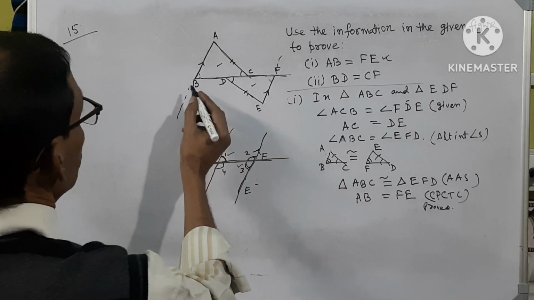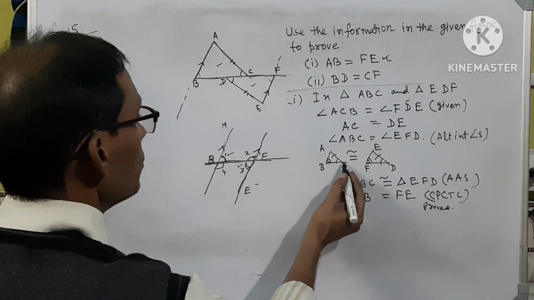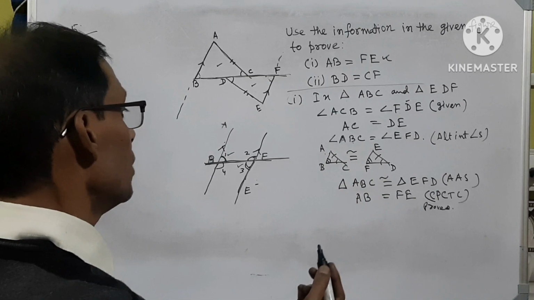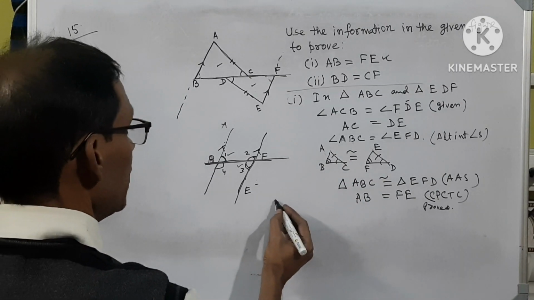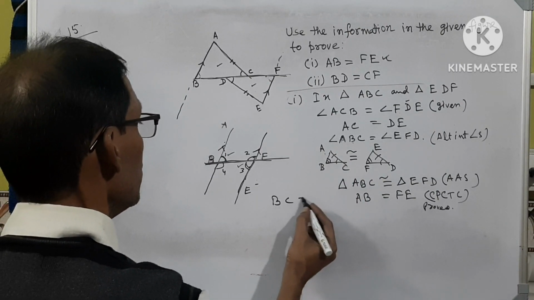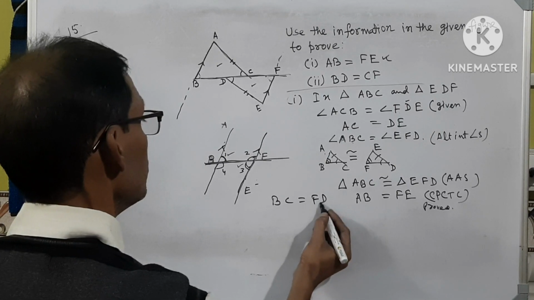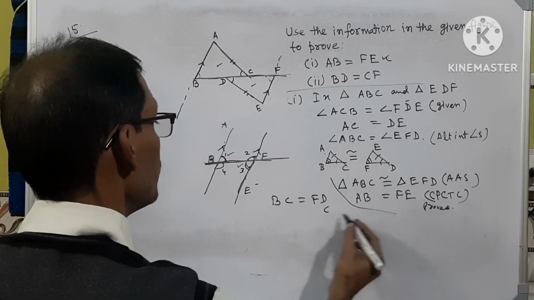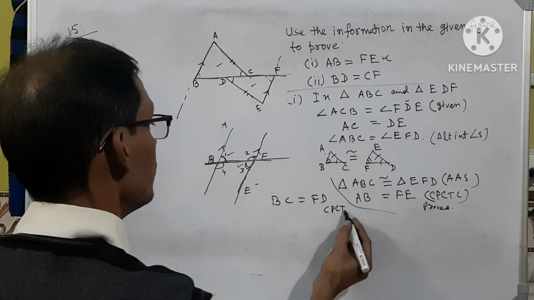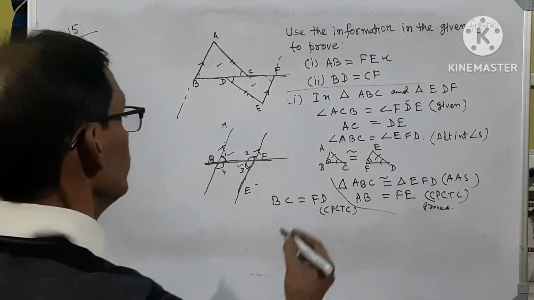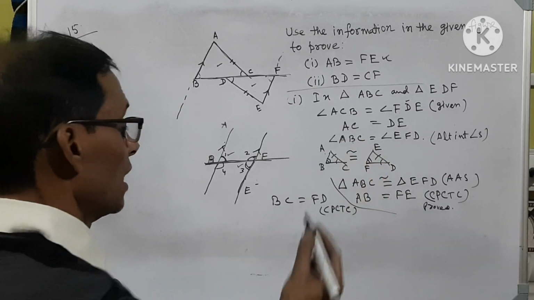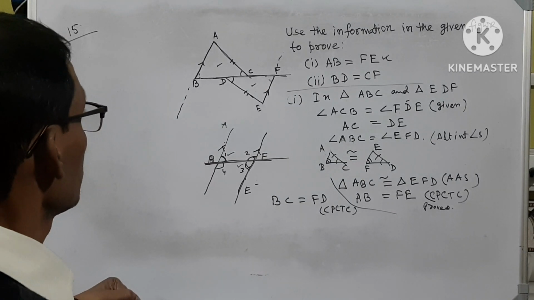See, okay, BC and FD are equal. We can write BC equal to FD. This is also CPCTC. BC and FD are corresponding.